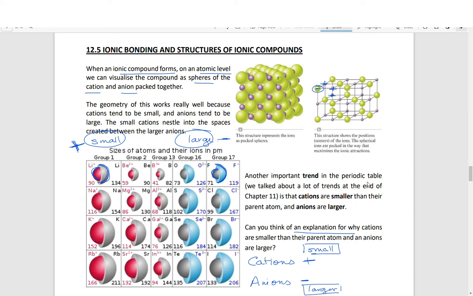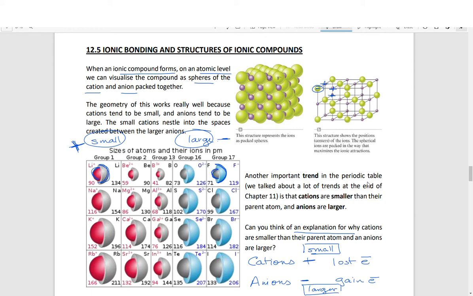Been delaying a little bit. If we can think of why. Well, the cations have lost an electron. These ones have gained an electron. So just the number of things around them allows you to see that they would be larger, right? They're going to fill them in.